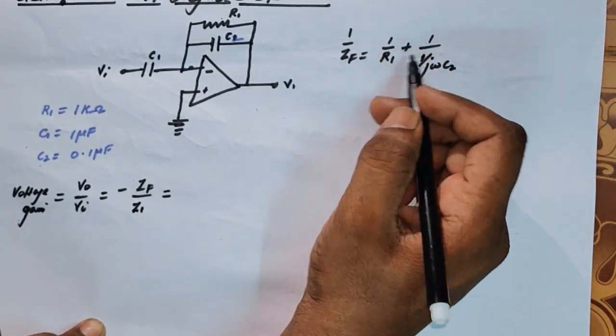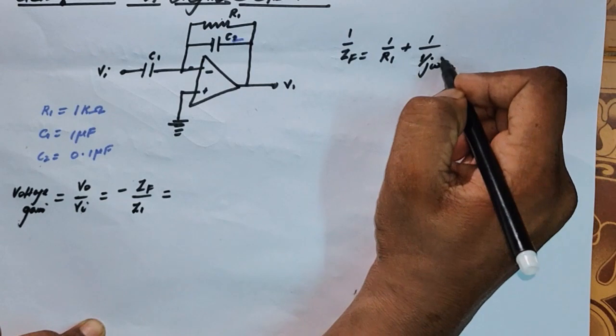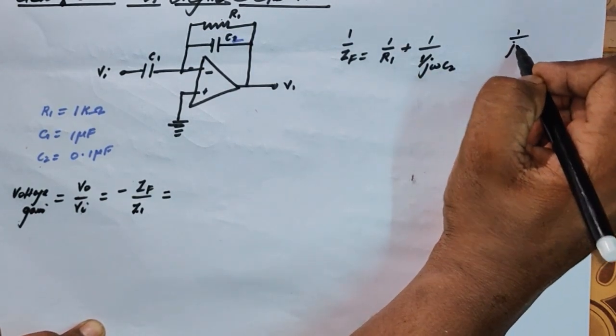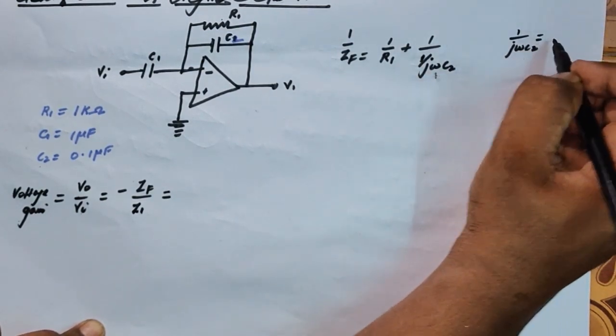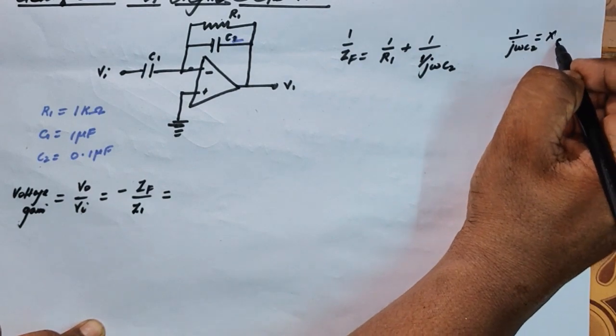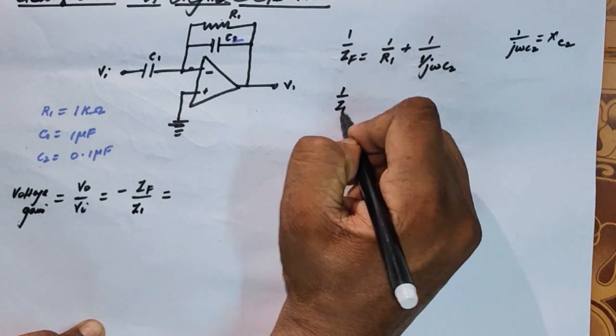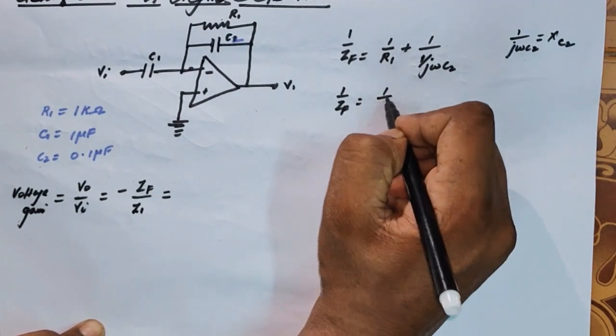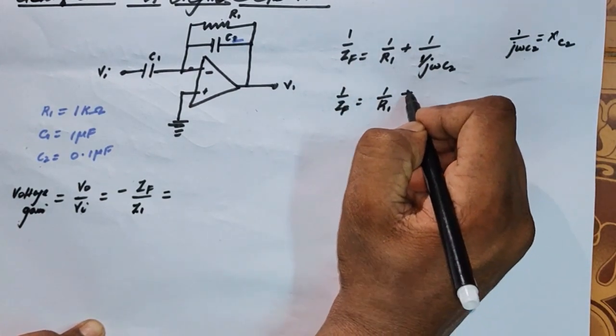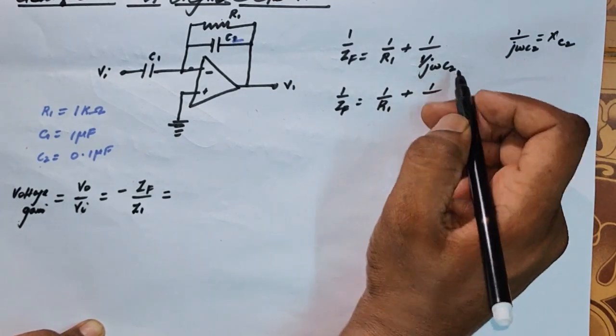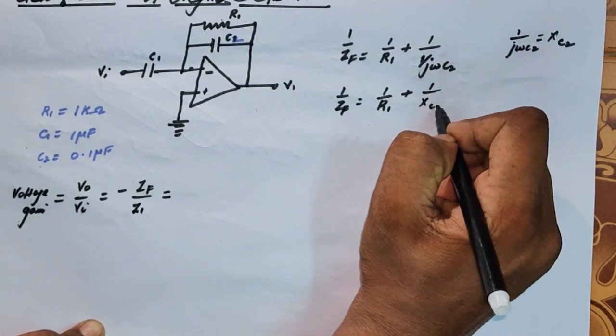This 1 by j omega C2 is the impedance of the capacitor C2, that we can call XC2. So 1 by ZF would be equal to 1 by R1 plus 1 by XC2.